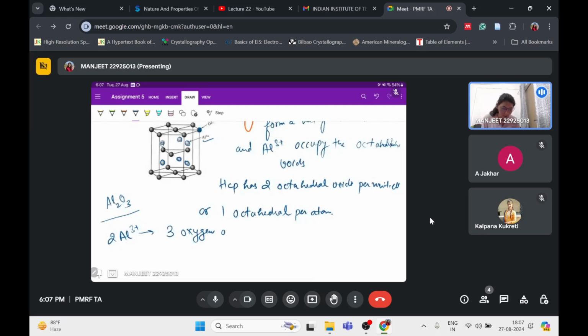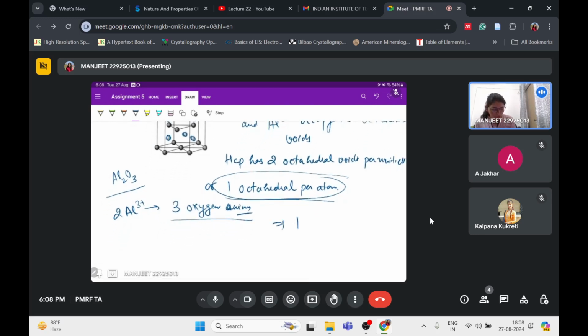Per atom we have one octahedral void, and we have three oxygen atoms, so the total number of octahedral voids available will be three.